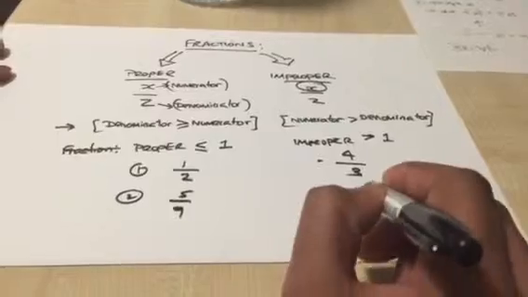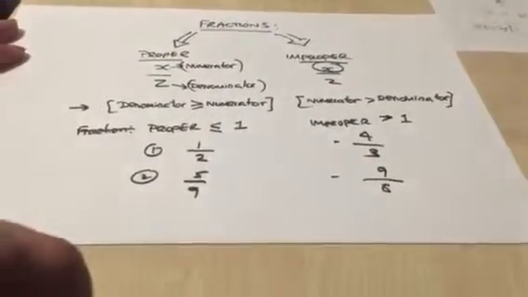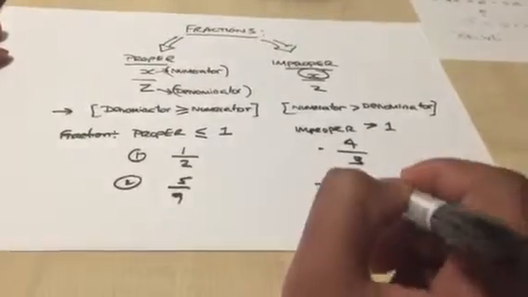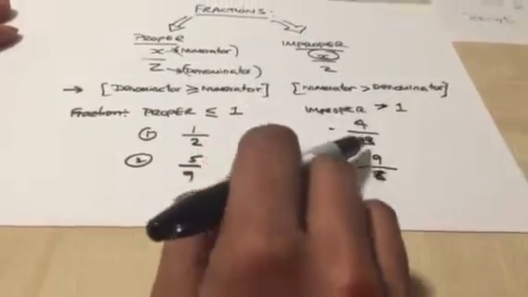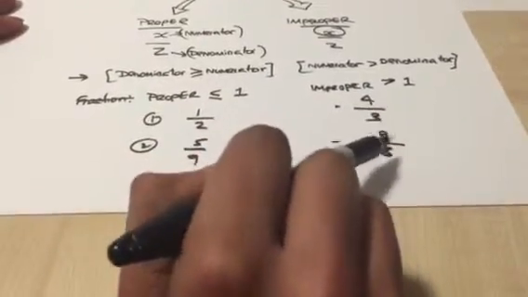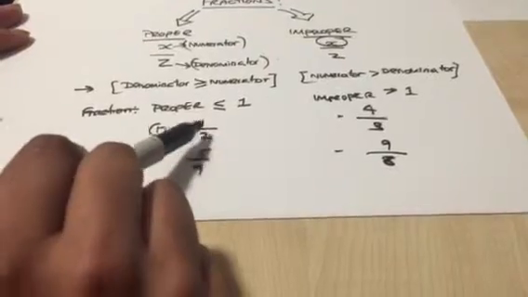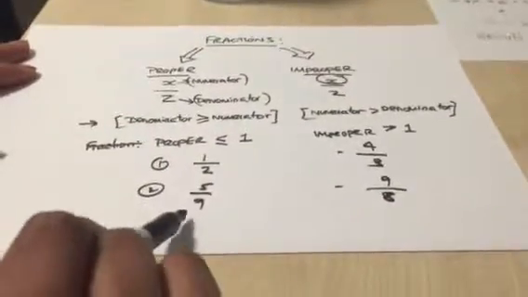Another one would be 9 over 8. Okay, so can you see the numerator is always bigger than the denominator. Here the denominator is bigger than the numerator. This is 9, by the way.